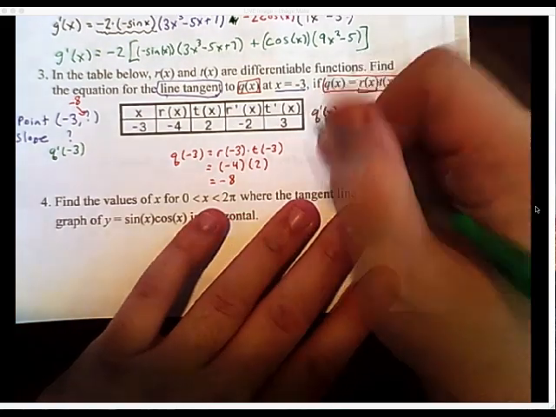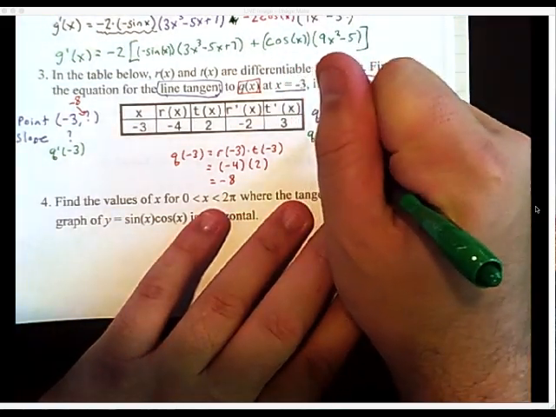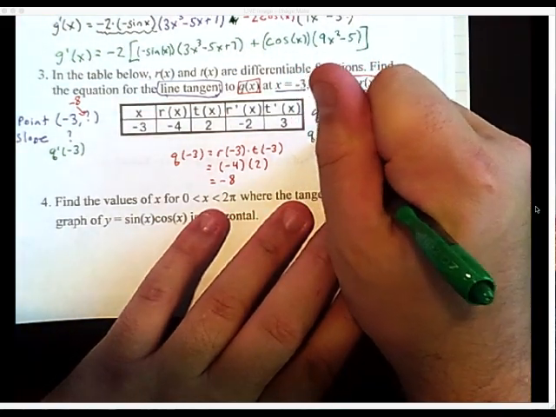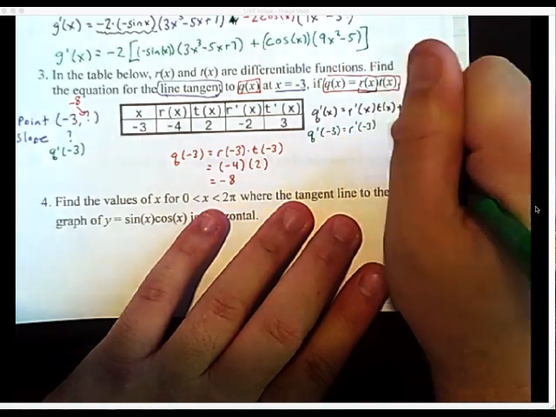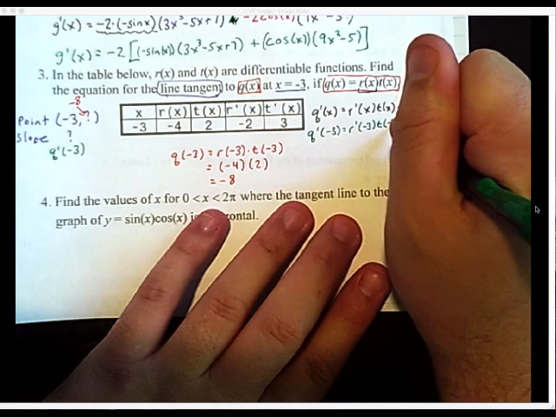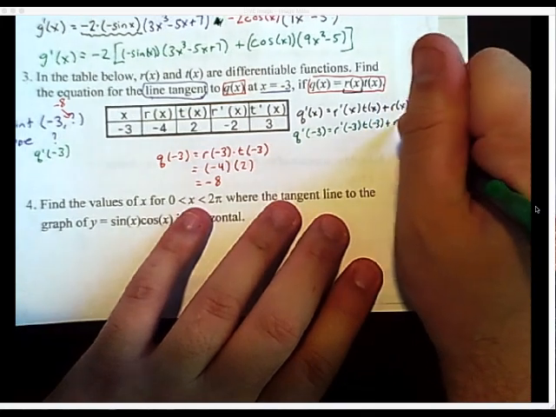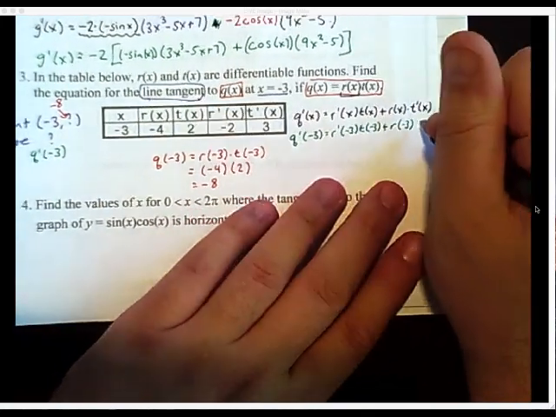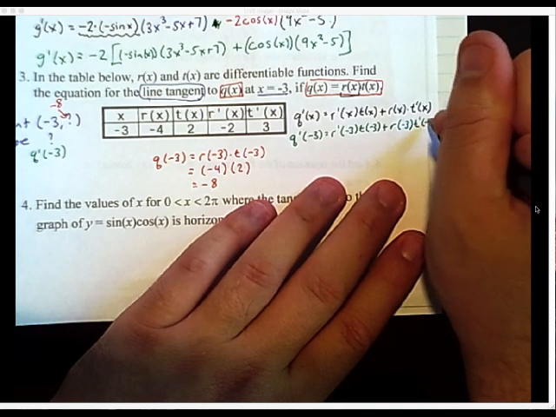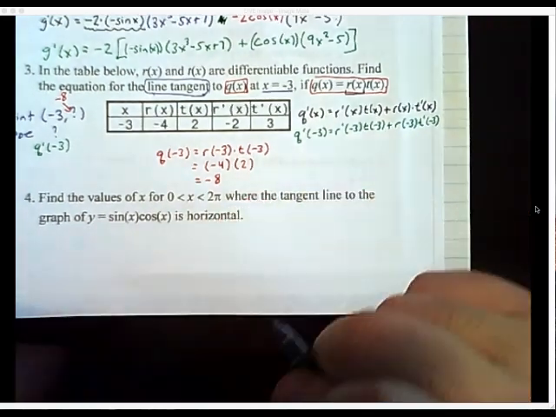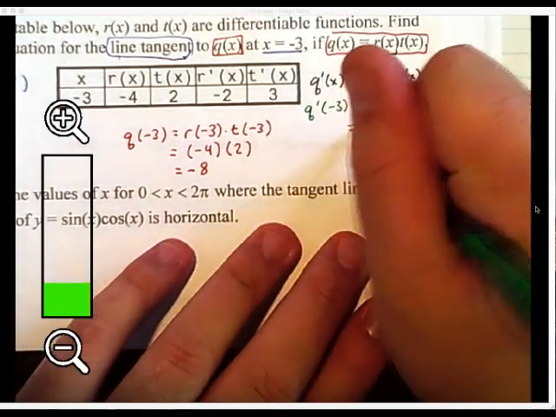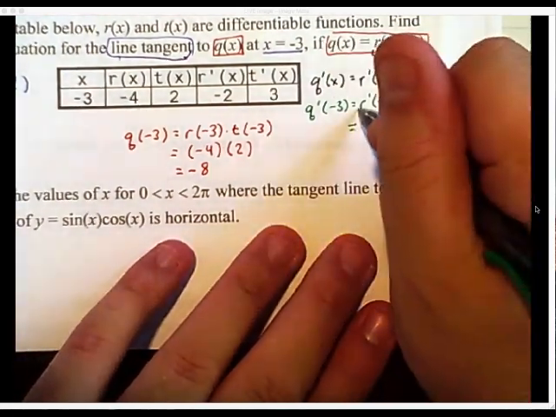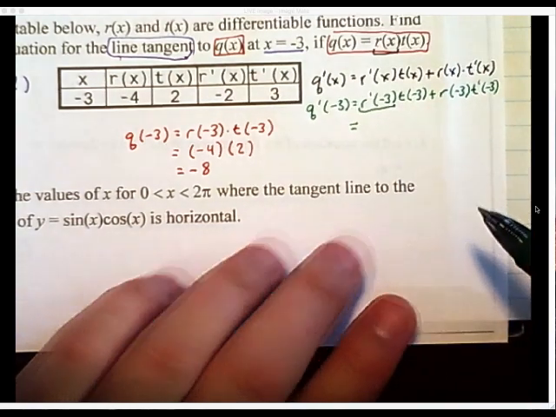Okay, so to figure out what the actual value is, q prime of -3, everywhere I see an x, I'm going to plug in a -3. Now I can use the table to find this. What is r prime of -3?